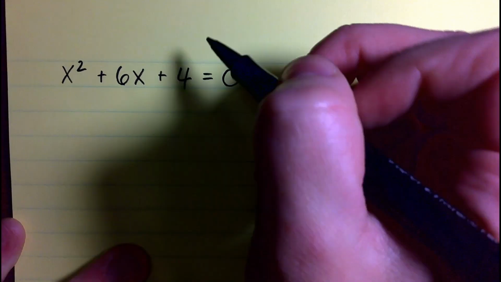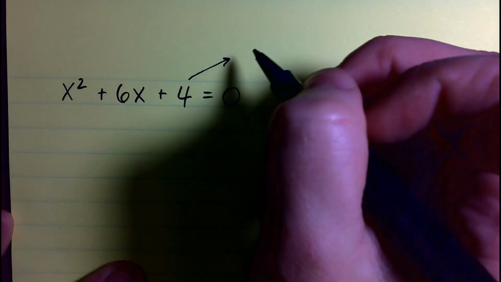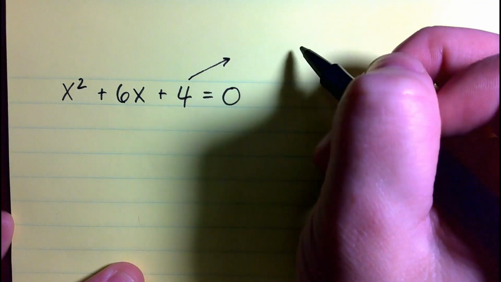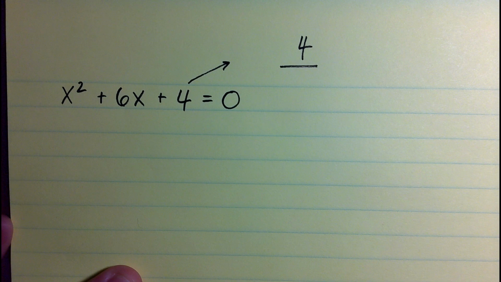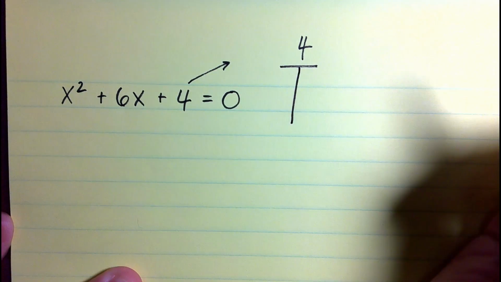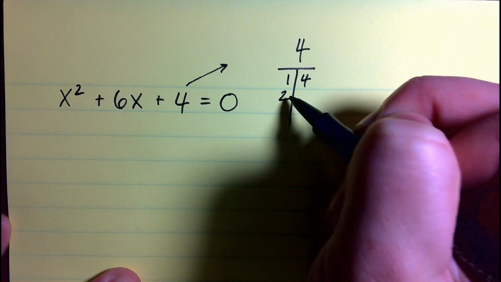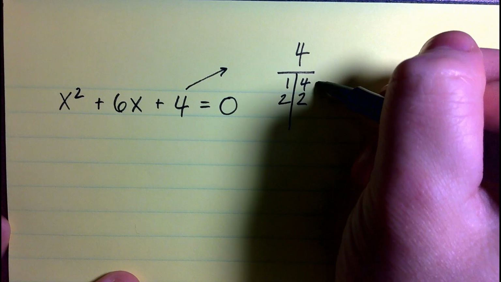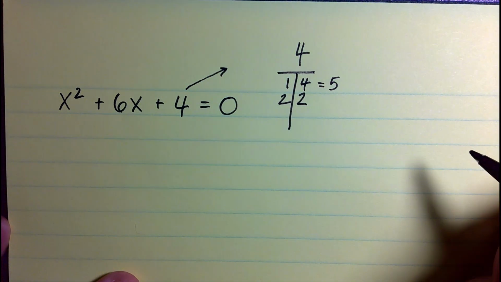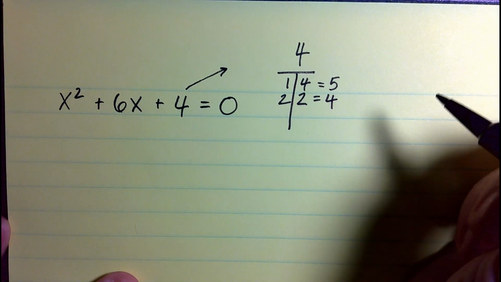If I found my factors of 4, I know that those are 1 and 4, 2 and 2. 1 plus 4 is 5. 2 plus 2 is 4.